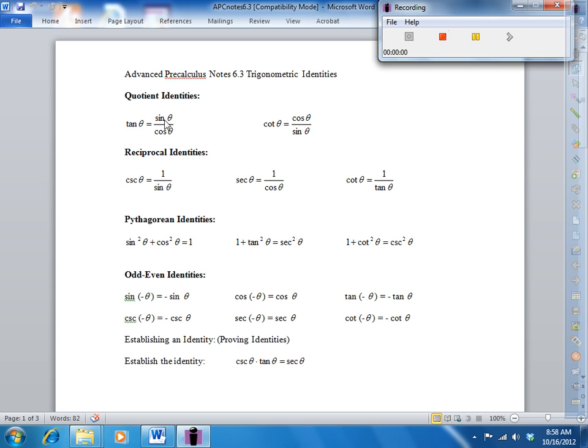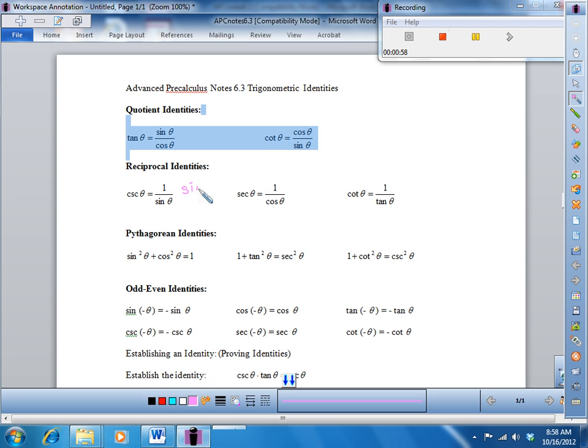This is tangent is equal to sine over cosine, cotangent is equal to cosine over sine. We learned this in the last chapter. Okay, cosecant 1 over sine, secant 1 over cosine, cotangent is 1 over tangent, and the reciprocal of that is also true. So for example, we know that sine of theta is 1 over what?